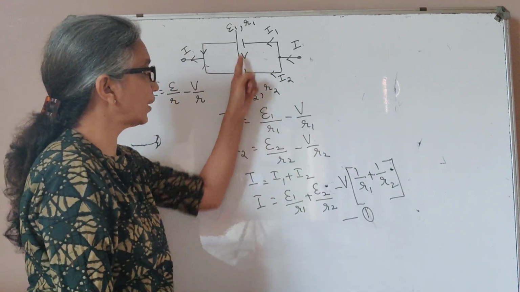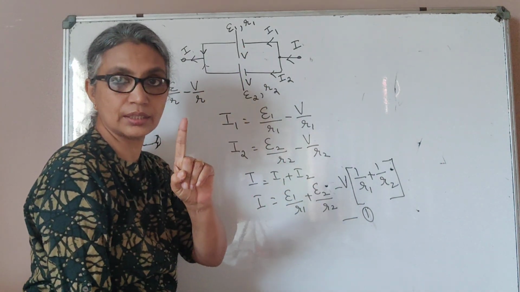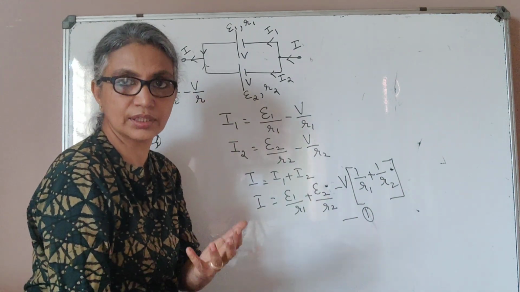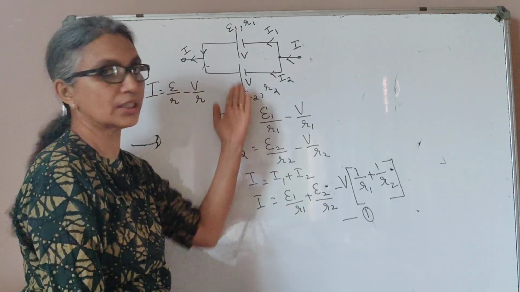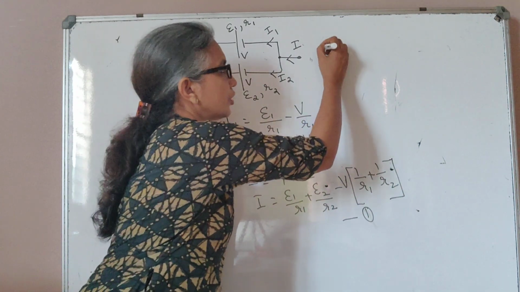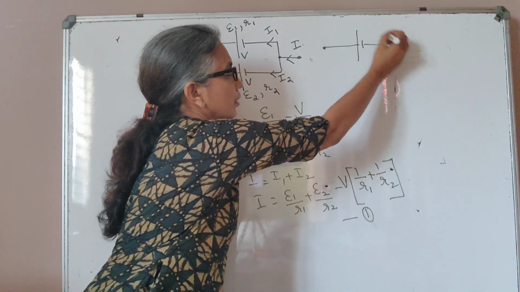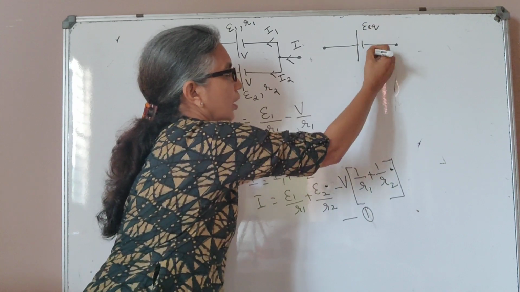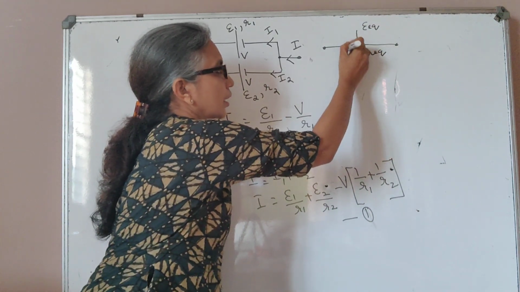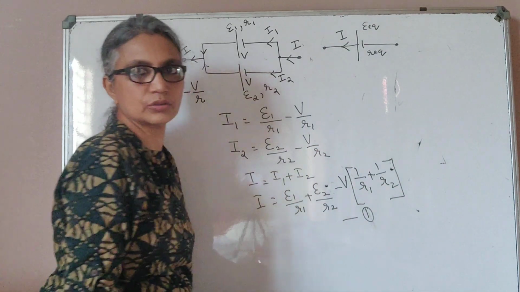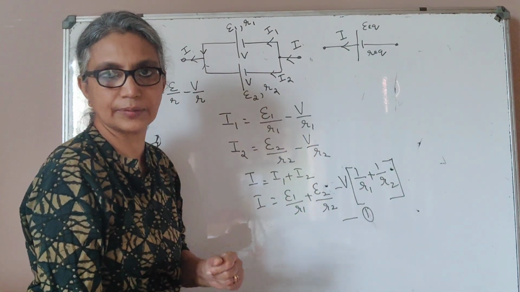Now, if I replace these two cells with a single cell whose EMF is equivalent to the two EMFs here, then I will draw that as E equivalent, R equivalent, carrying the same total current I. So I replace the two cells with a single cell.